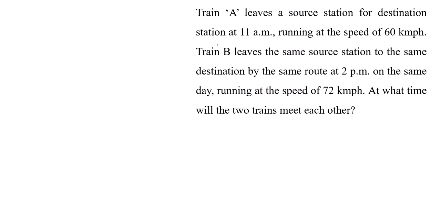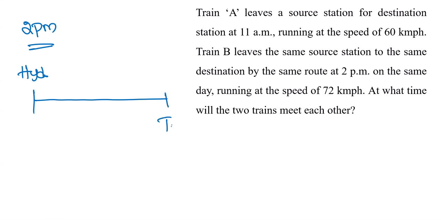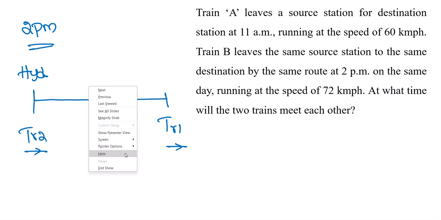Whenever there are two timings, we should always look at the later time, 2 p.m. So they started at Hyderabad, with the target to reach Delhi. At 2 p.m., this is train one, and here train two is yet to start at Hyderabad, whereas train one has already traveled a certain distance.